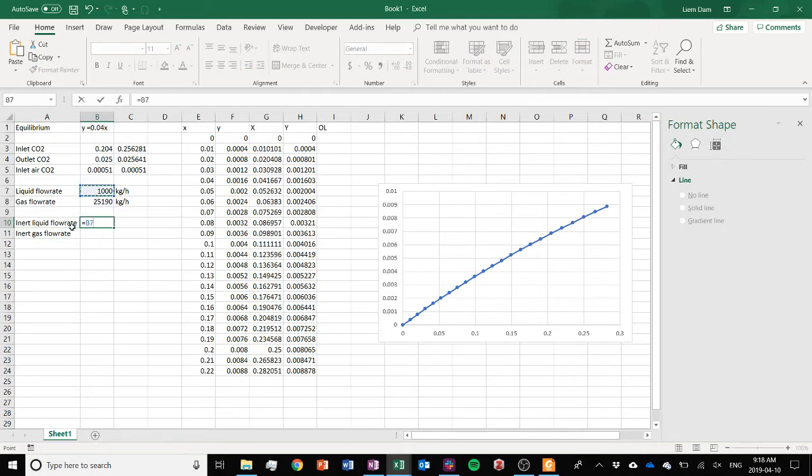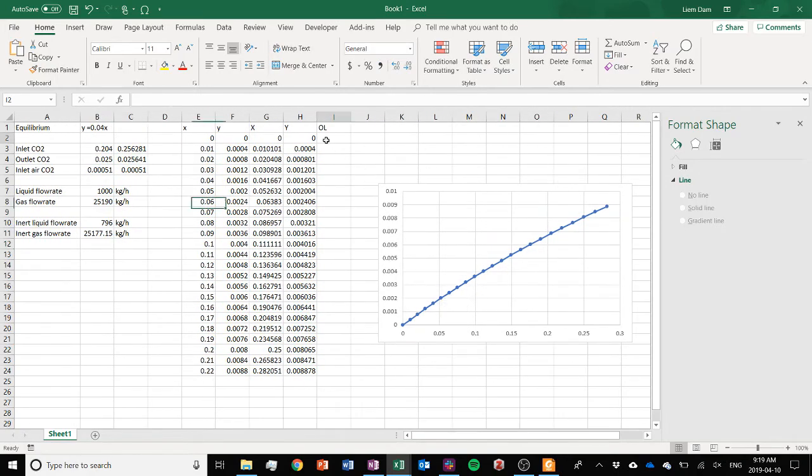It's just the flow rate times 1 minus the CO2 fraction. So this gives us 796 kilograms per hour. And for the inert gas flow rate, this is equal to the gas flow rate times 1 minus the air CO2. And this is kilograms per hour.